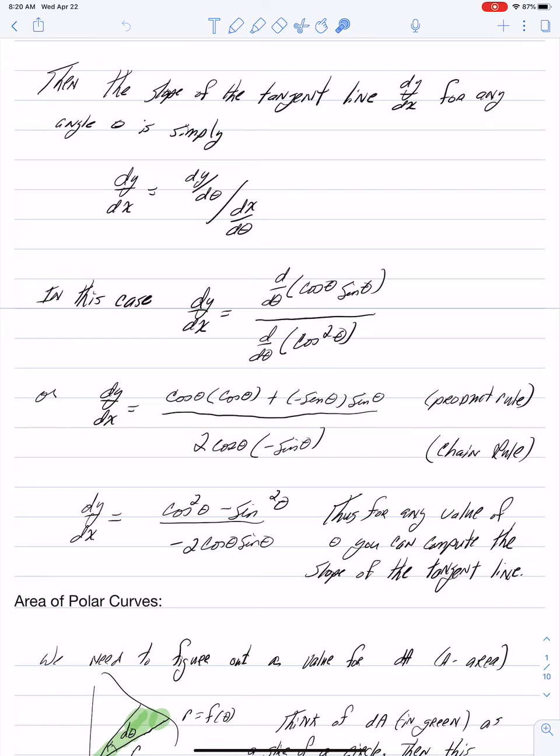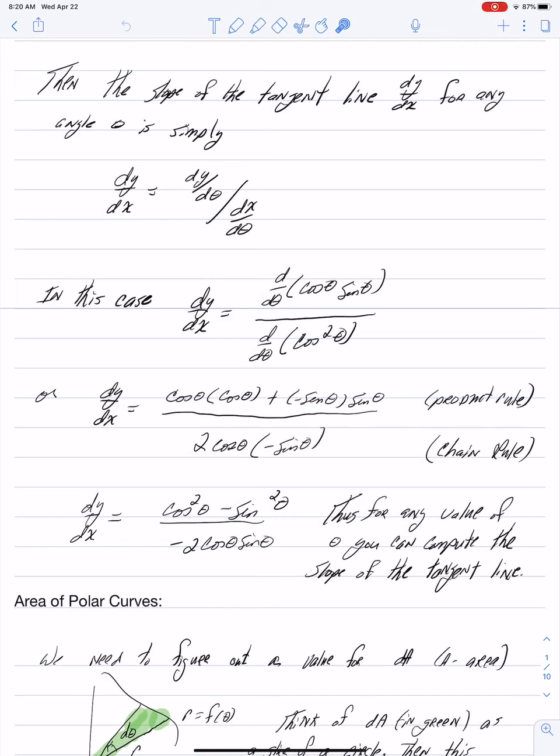On top, I get the first, cosine theta, times the derivative of the second, cosine theta, plus the derivative of the first, minus sine theta, times the second, sine theta. And downstairs, the chain rule says it's twice cosine theta times the derivative of the inside, which is minus sine theta.